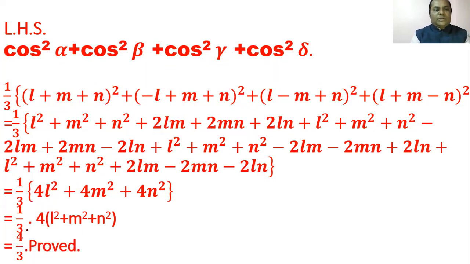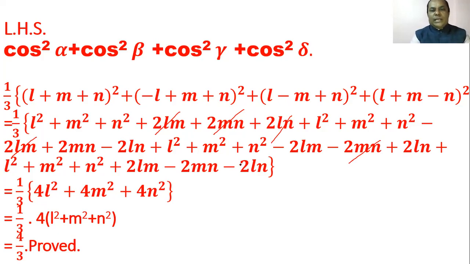And after this normal formula, what we can write down here, this is plus 2lm, and you can see here this is minus 2lm, and this is plus 2mn, and you can see here this is minus 2mn. It means all the cross terms will be eliminated here. It does not matter, all terms will be eliminated.